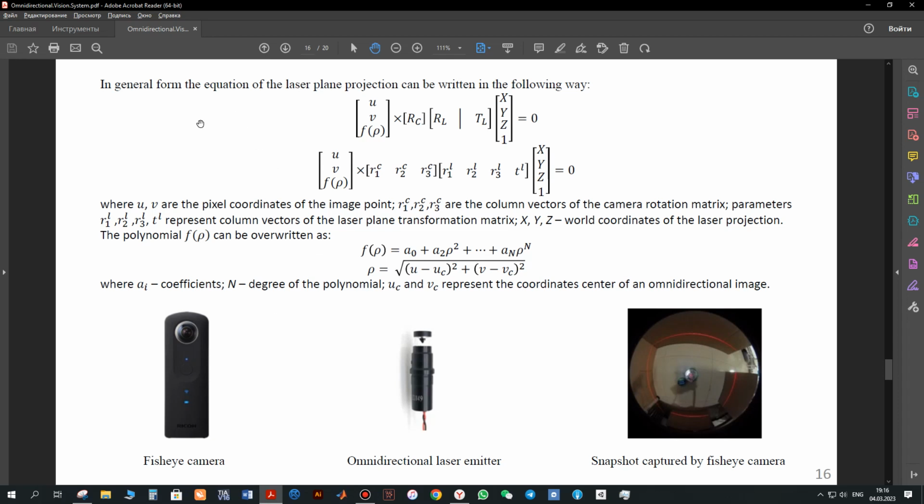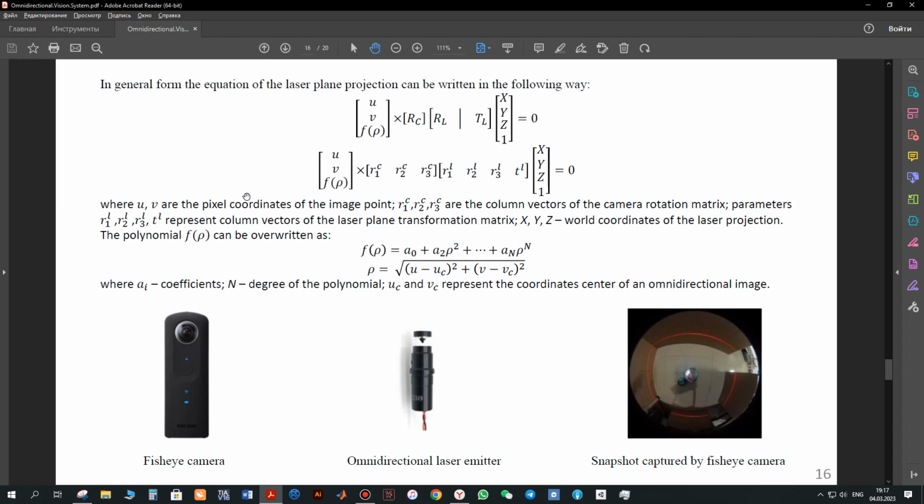Again, here in general form, the equation of the laser plane projection can be written in the following way: camera rotation matrix, transformation matrix of the laser plane. It consists of the rotation matrix of the laser and the translation part. This one is the distance between camera and laser plane.